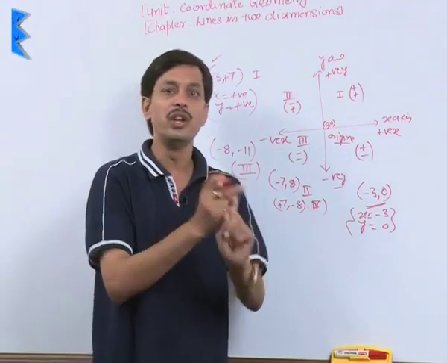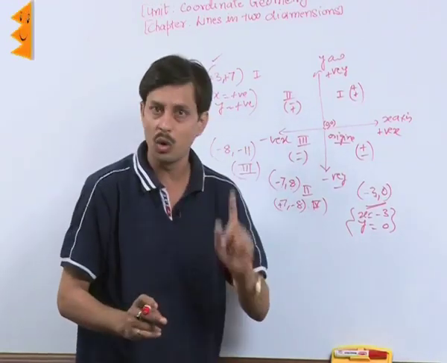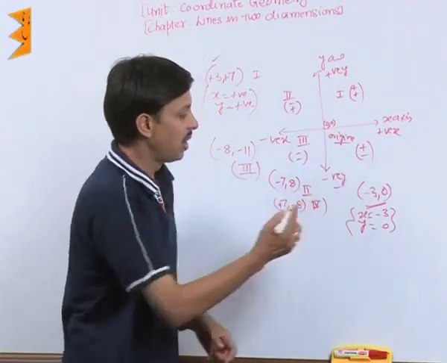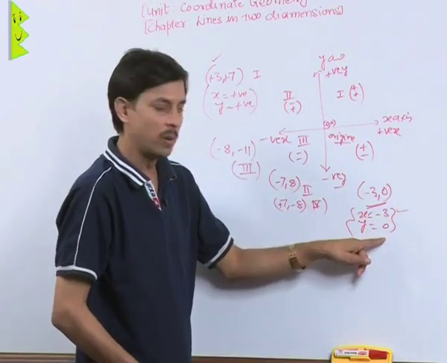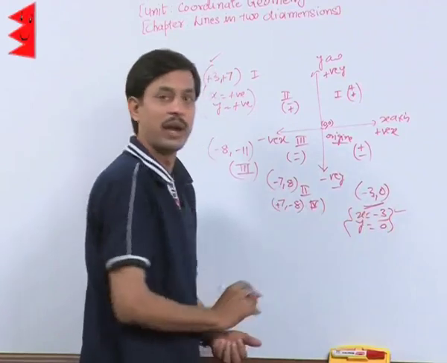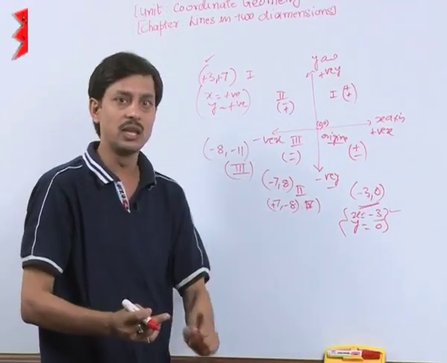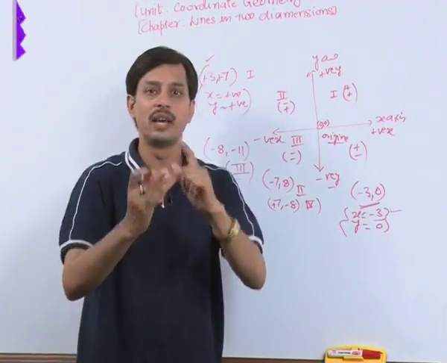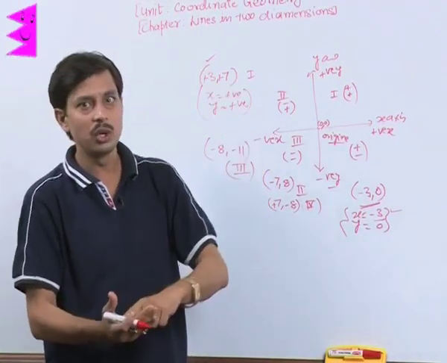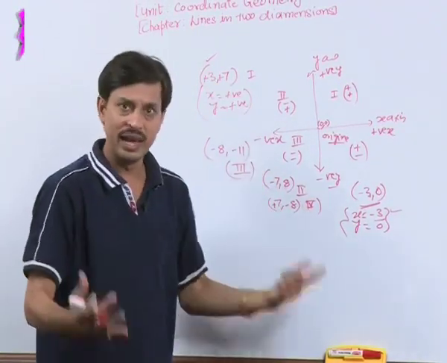Either this point needs to lie on the y-axis or on the x-axis. It cannot lie on the y-axis because y is 0 and the value of x is -3. In any case, if x is 0, the point lies on the y-axis, or if y is 0, the point lies on the x-axis.